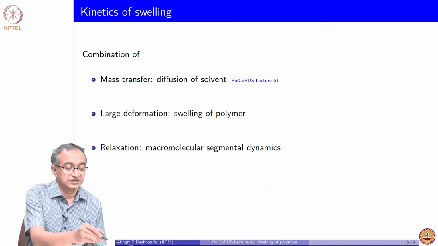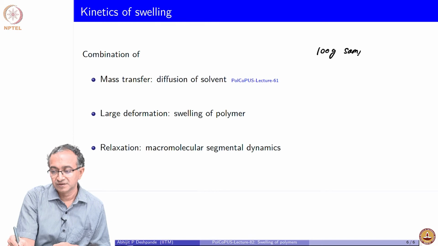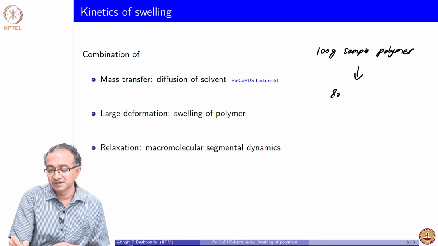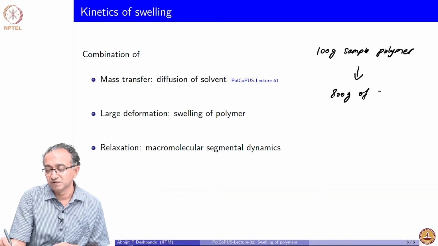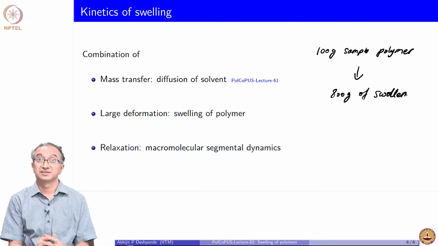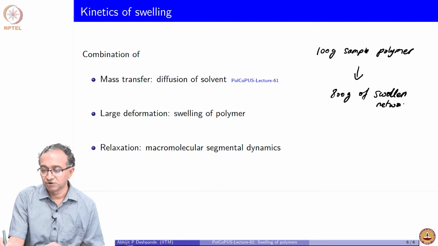So, for example, if we start with a 100 gram of sample, which is the polymer material, let us say dry powder, it can become 800 gram of swollen. So, the swelling ratio in this case is 8. So, that is the amount of solvent that can be absorbed, and that is why these are called super absorbent materials.